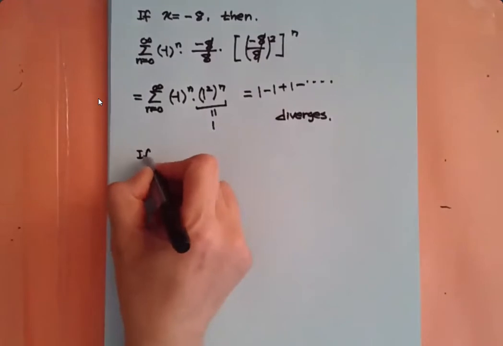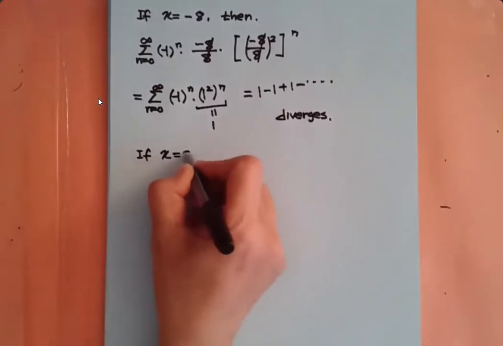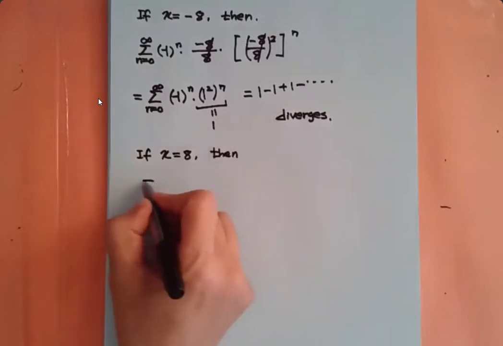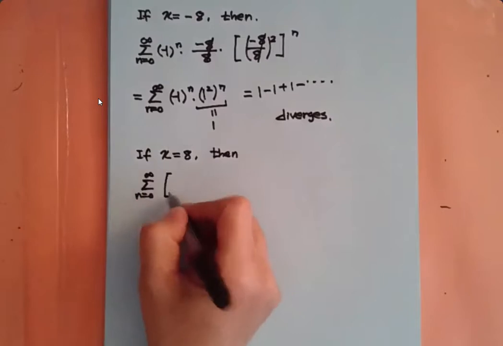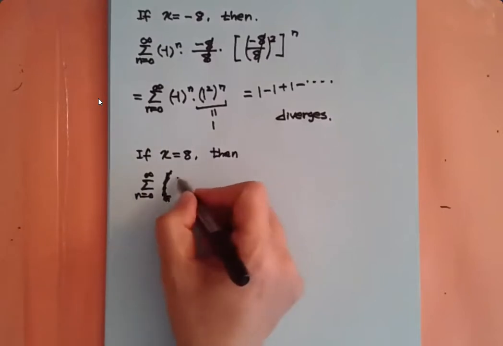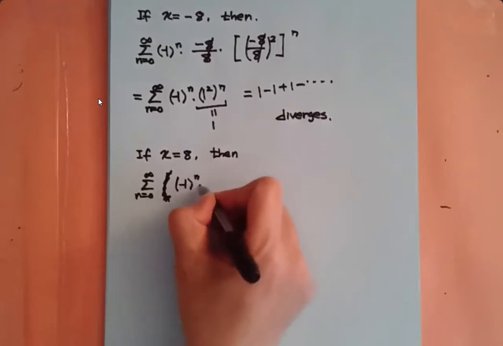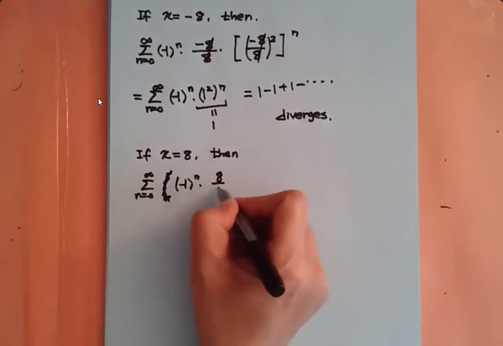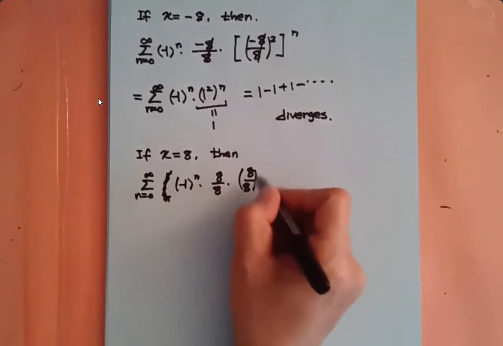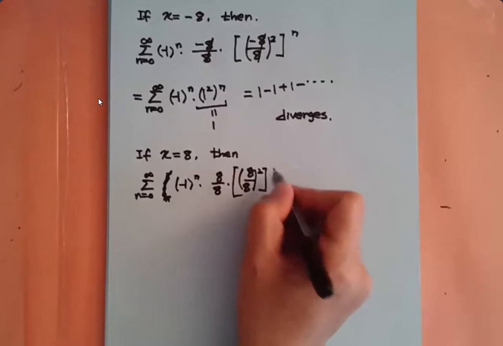And if x equals 8, then the summation n equals 0 to infinity, negative 1 to the n power, 8 over 8 times 8 over 8 squared to the n power.